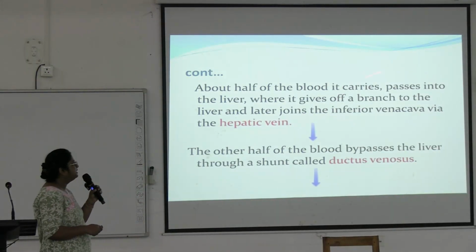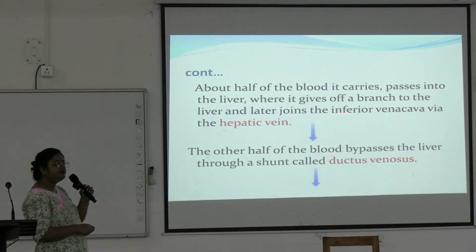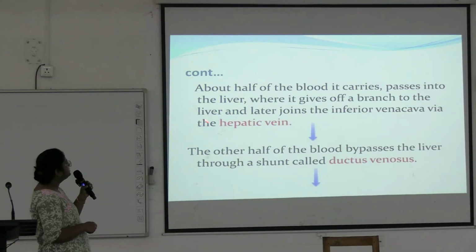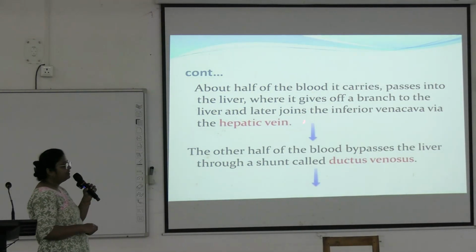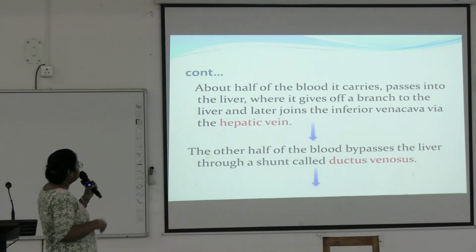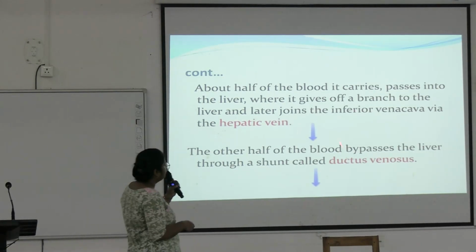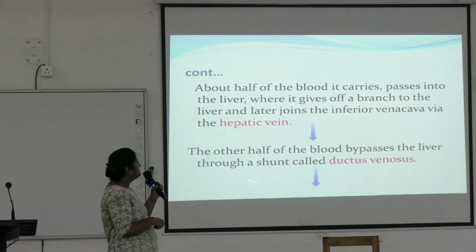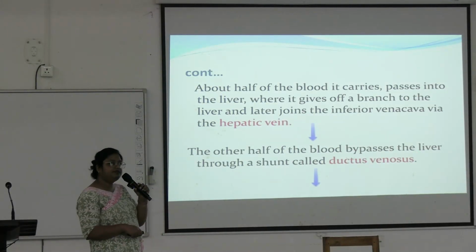About half of the blood it carries passes into the liver, where it gives off a branch to the liver and later joins the inferior vena cava via the hepatic vein. The other half of the blood bypasses the liver through a shunt called the ductus venosus.